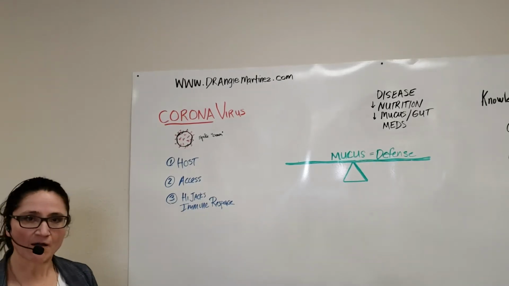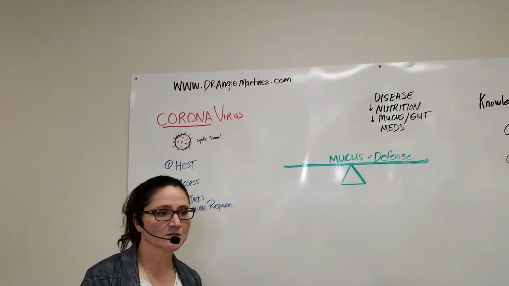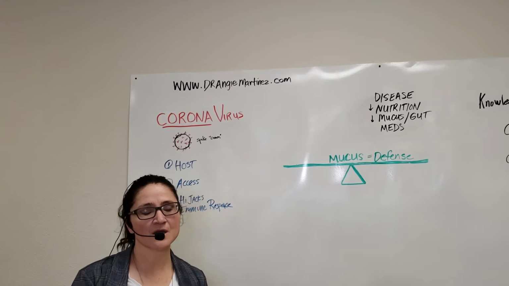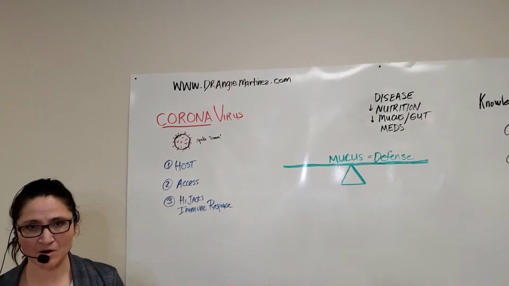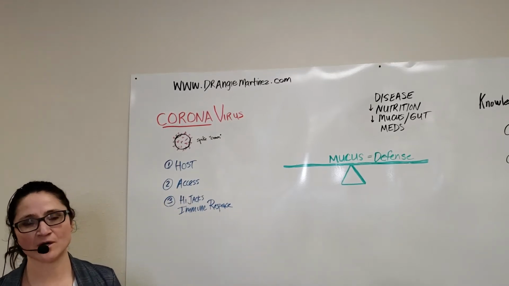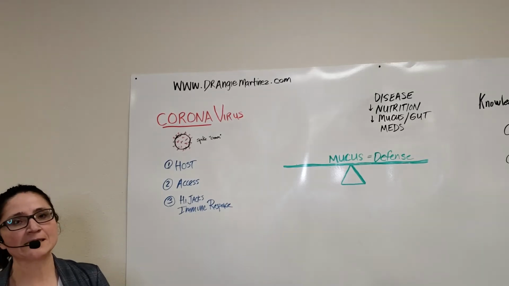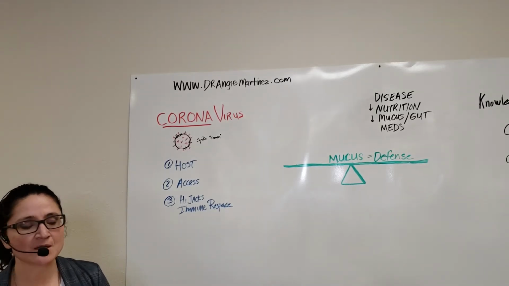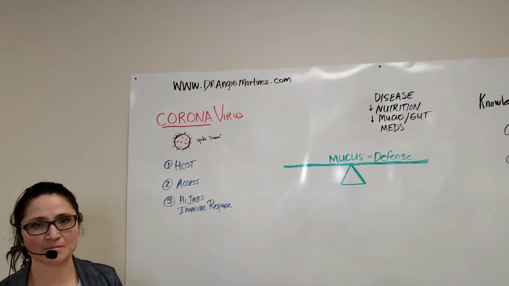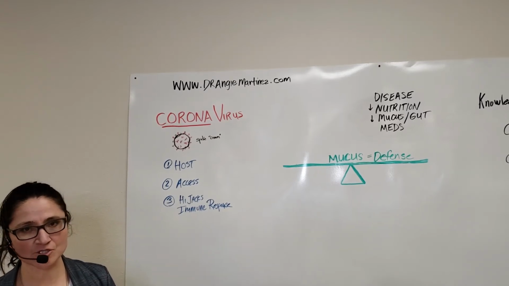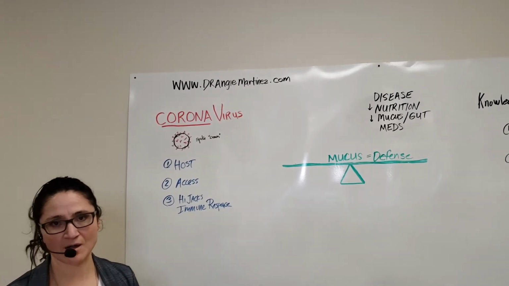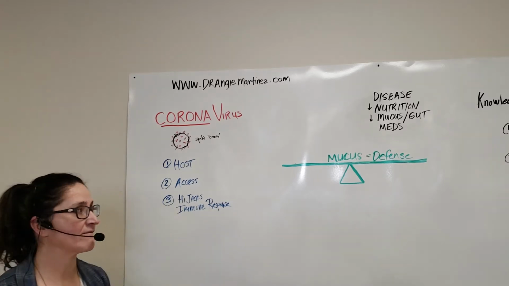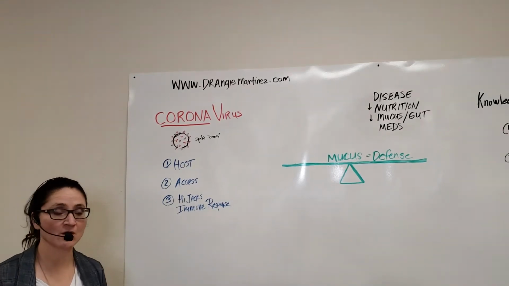The three things I'm going to cover today: first, what makes a good host for coronavirus, because viruses can't survive on their own. They actually need a reservoir, and humans tend to be that reservoir. So we need to be a good host for them to establish an infection. We're going to talk about what it takes to be a good host for the coronavirus and what it takes to not be a good host.